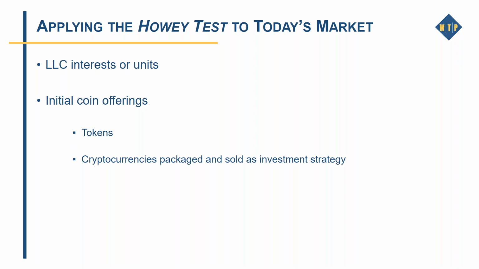So you've got to be careful as time evolves and there are these new kinds of creations. You want to really think about securities law when you've got an outside person putting money into an enterprise.